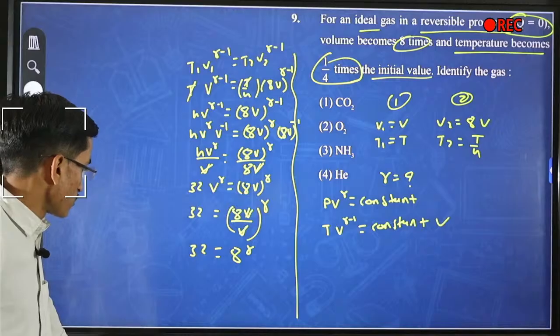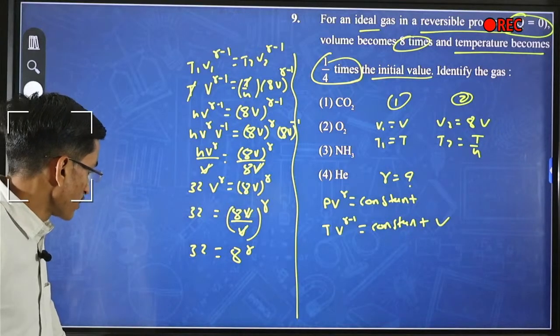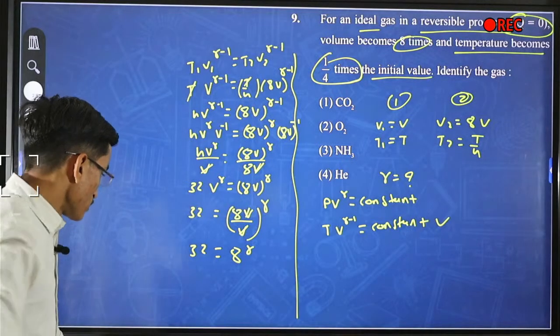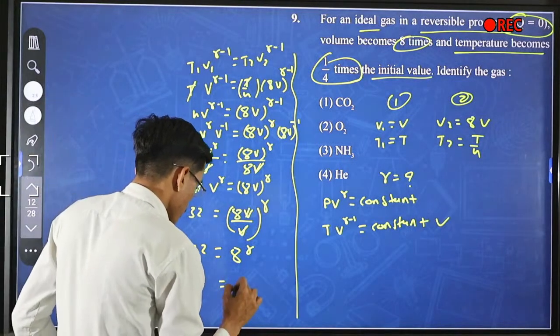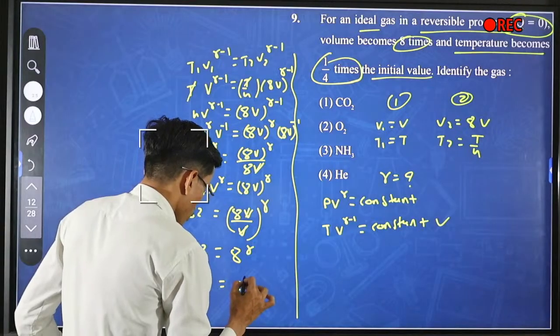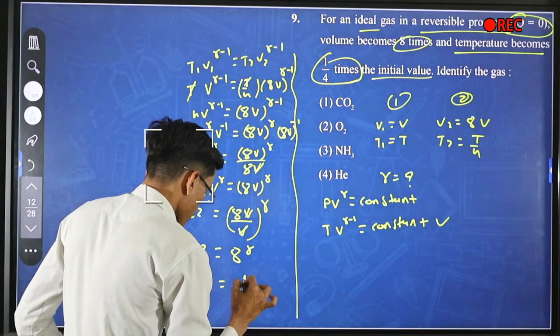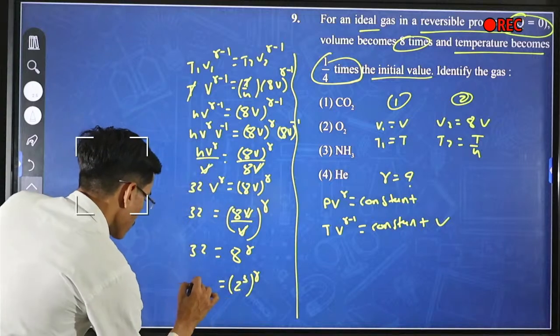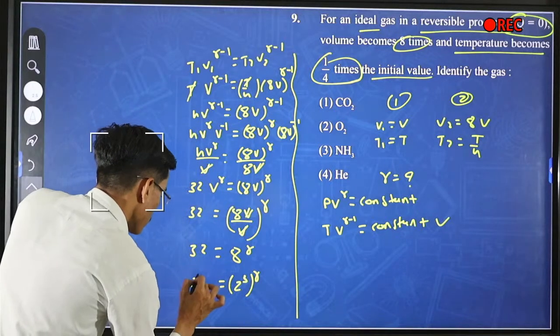So from this we have to calculate gamma. For that, what can be written further? 8 can be written as 2 raised to power 3, raised to gamma, and here 32 is 2 raised to power 5.